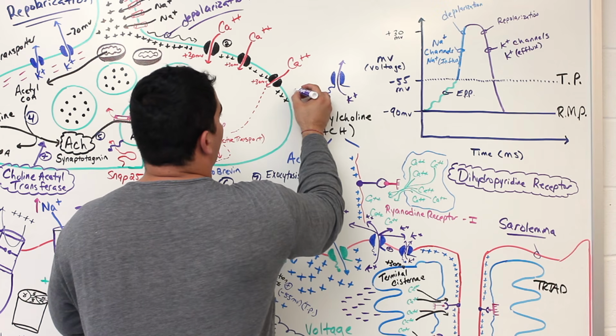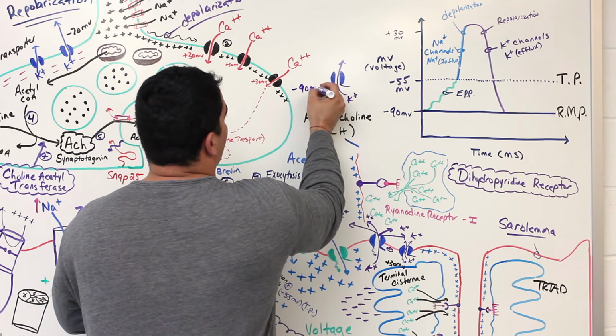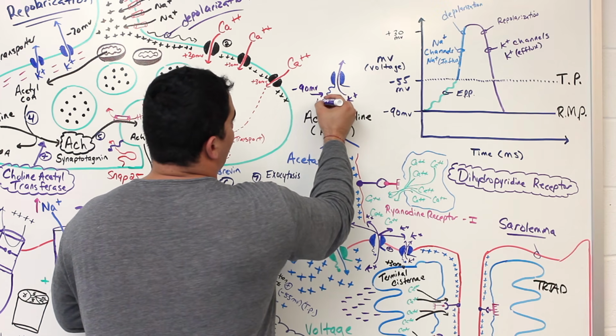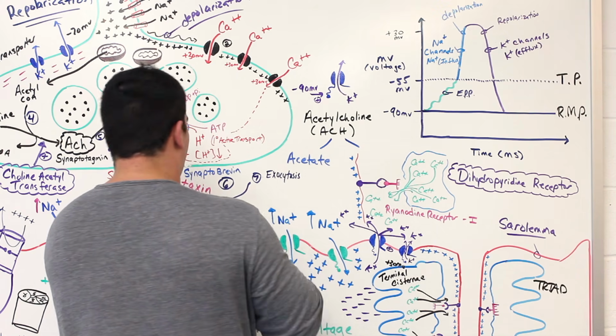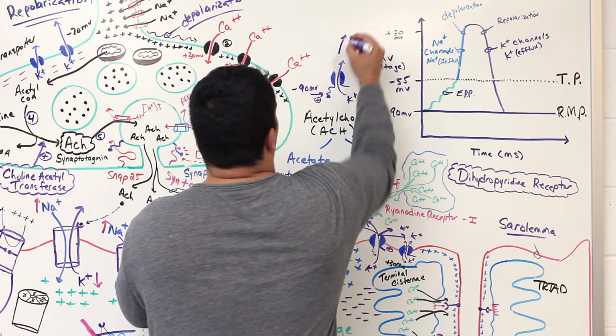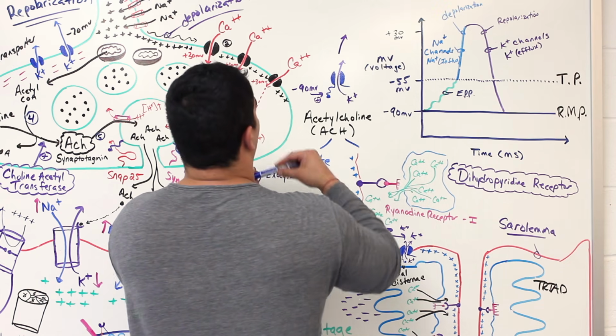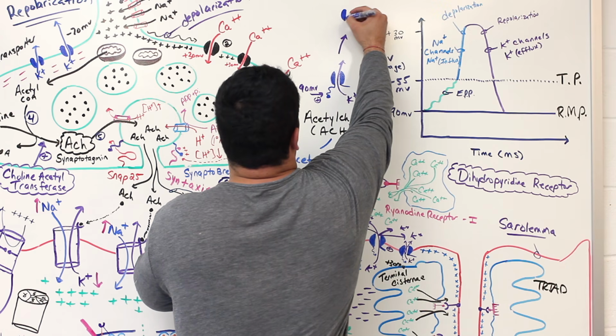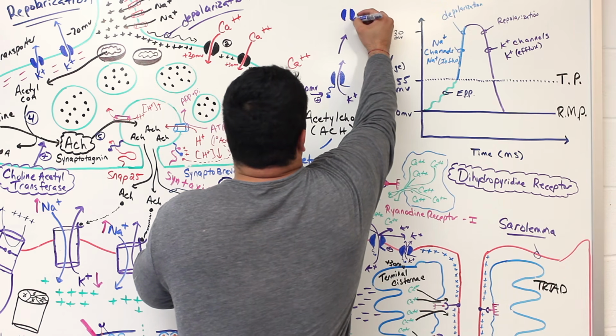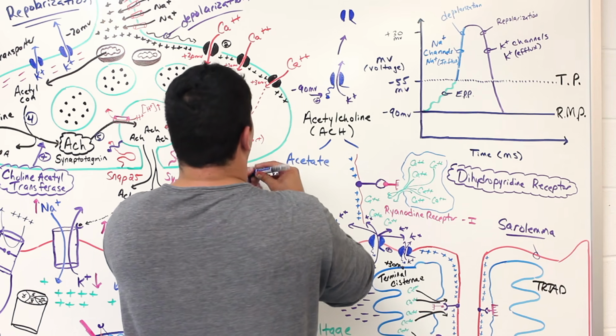The inactivation gate is stimulated by negative 90 millivolts. That'll stimulate the inactivation gate. Now let's show above what that'll look like so that we don't get this confused. So as a result, after this event, let's draw our blue channel again here. Here's our blue channel. Here's the other part of the channel. Activation gate is like this.